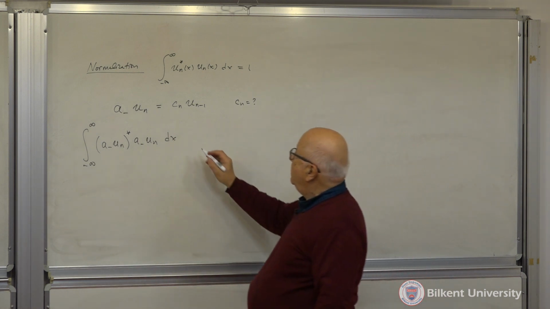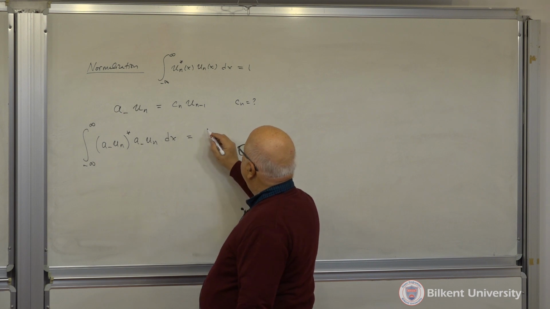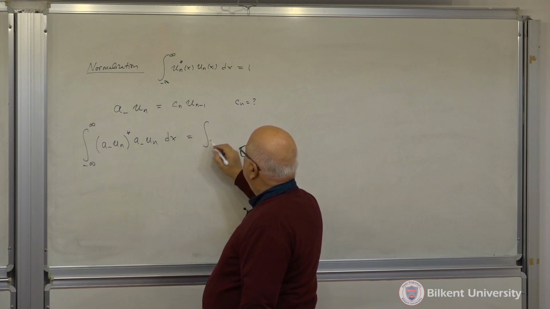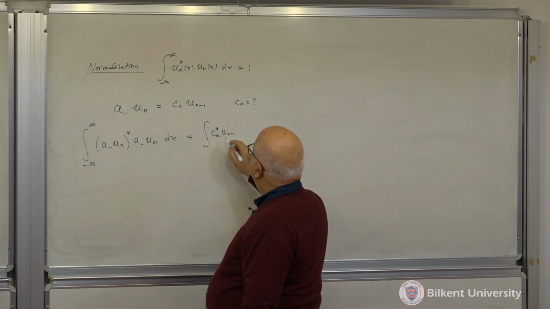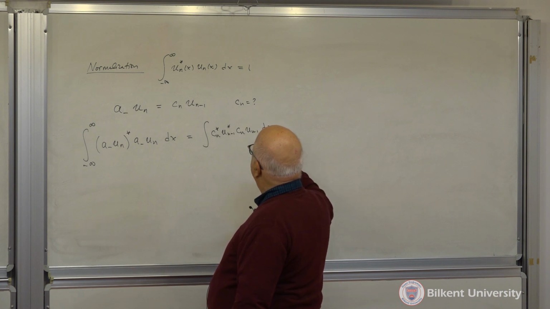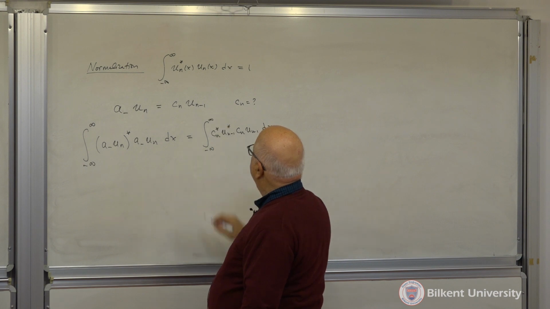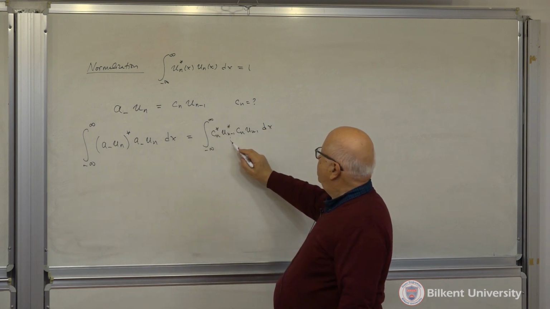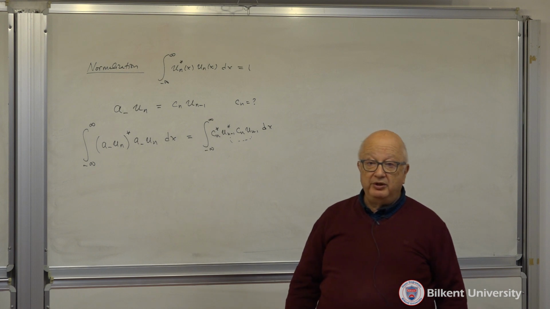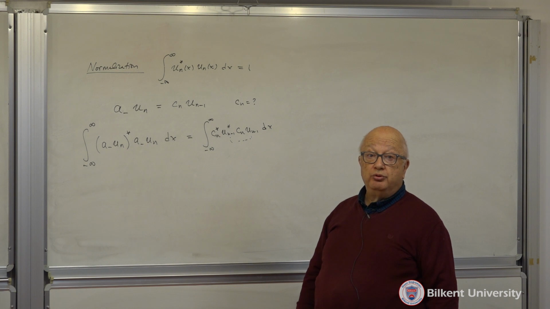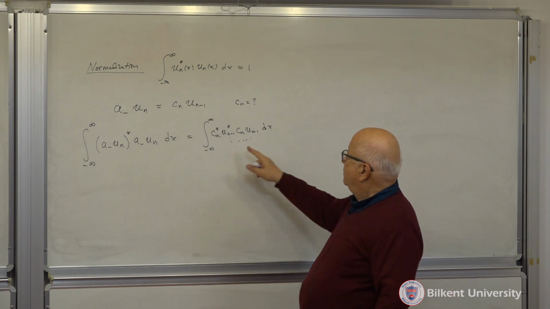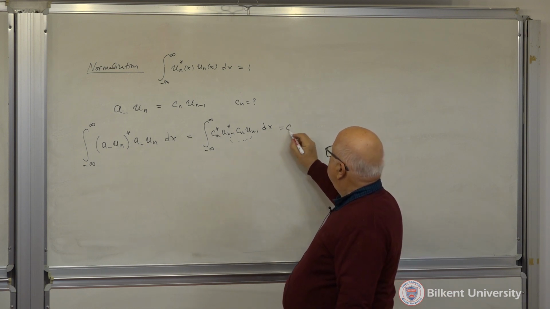The right-hand side is similarly Cn star un minus 1 star Cn un minus 1 dx from minus infinity to infinity. I have these constants, but the un minus 1 integrals are all normalized, so they are 1. That means this is just going to give me Cn star Cn.